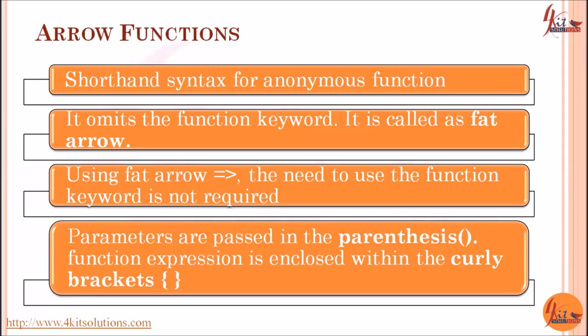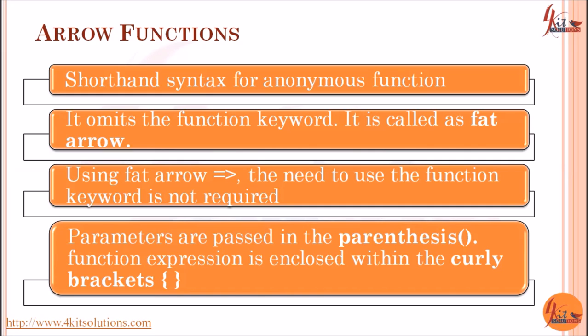And using an arrow function, we can omit the function keyword. It is called the fat arrow. So this is the symbol for the fat arrow, and if we are using this, then we don't need to use the keyword function. The parameters are passed in the parentheses and the function expression is enclosed within the curly braces.